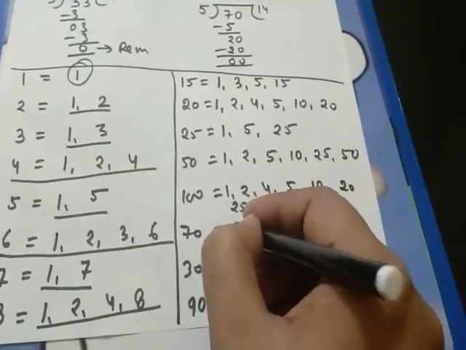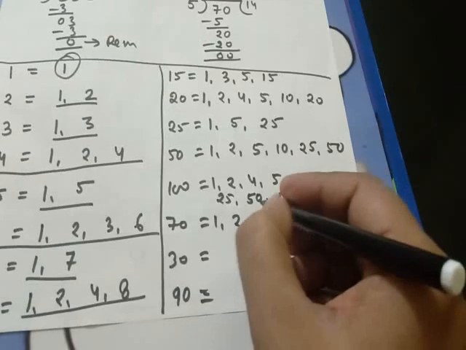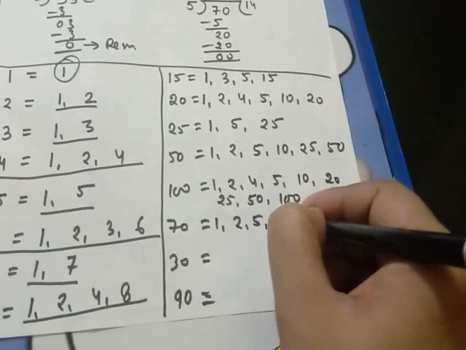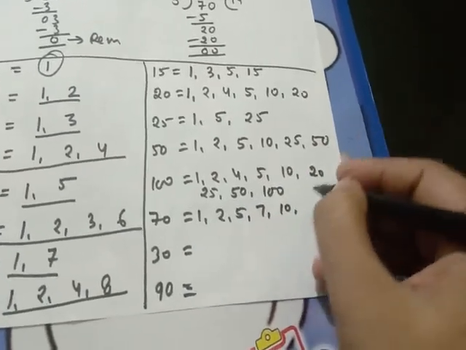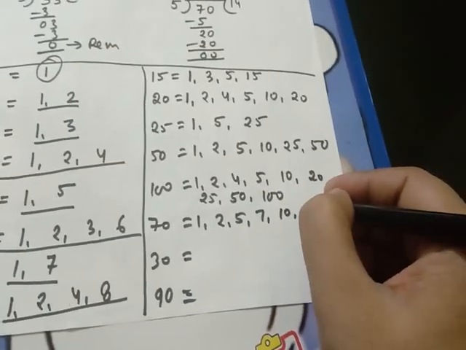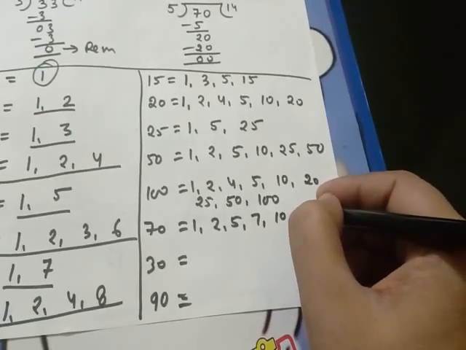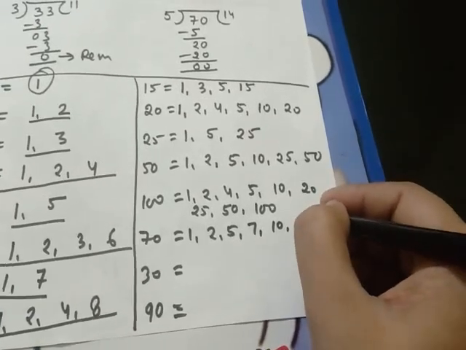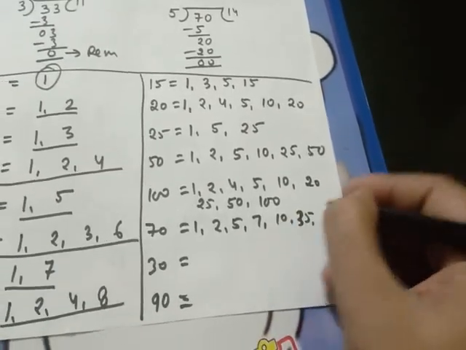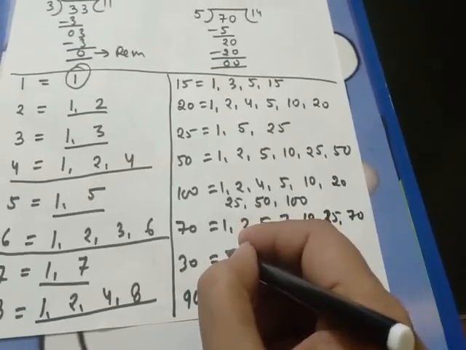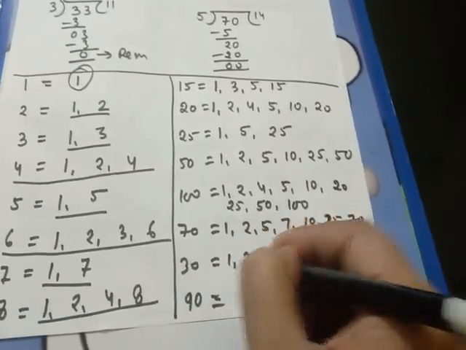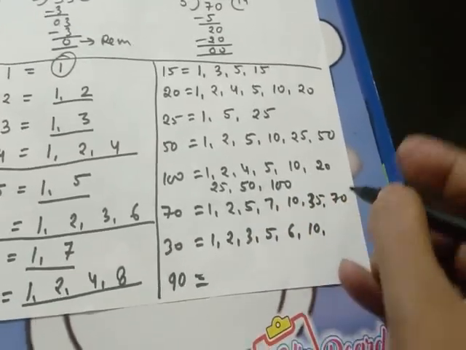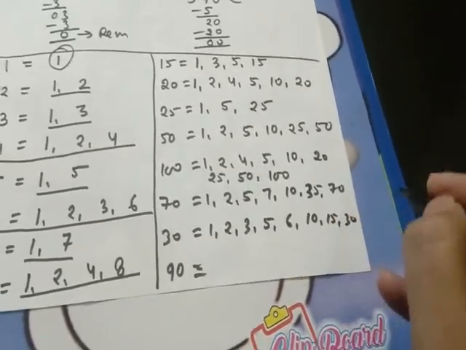For 70: 1, 2, 5, 7, 10, 35 and 70. For 30: 1, 2, 3, 5, 6, 10, 15 and 30.